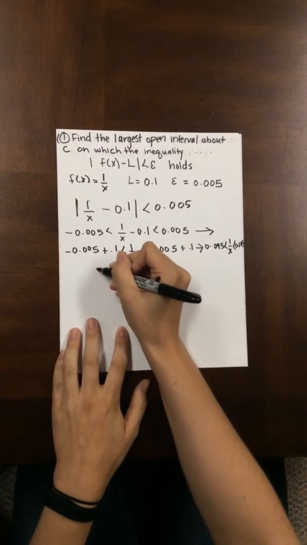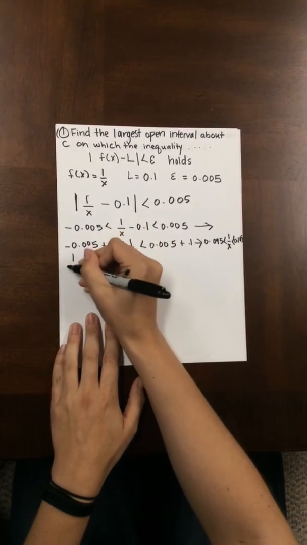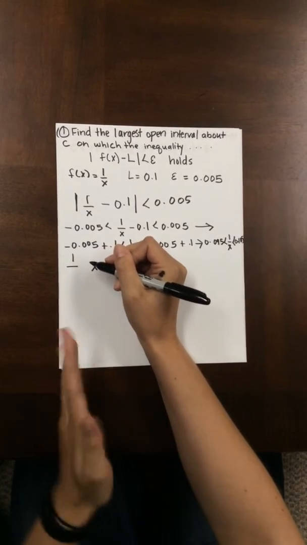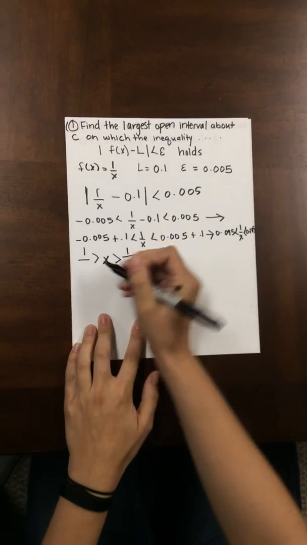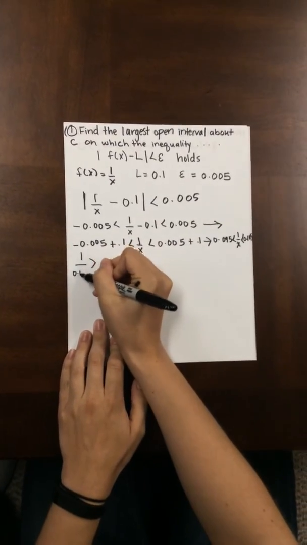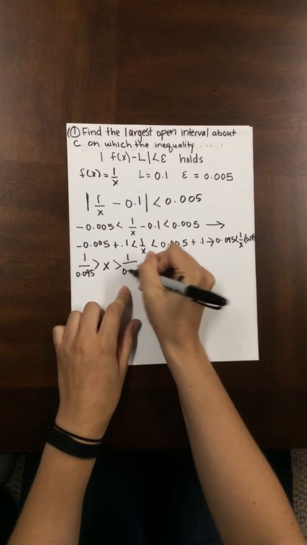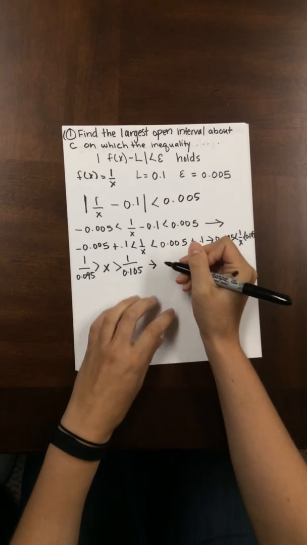The reciprocal of 1 over x is x, and the other values are over 1. So again, in doing this, we are going to switch our inequality signs so that the inequality holds. So we have 1 over 0.095 greater than x greater than 1 over 0.105.